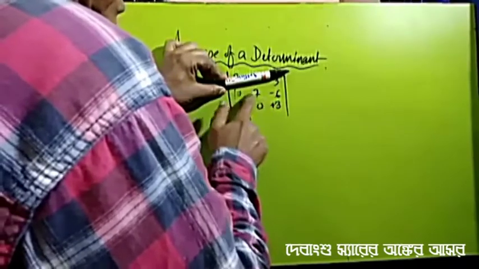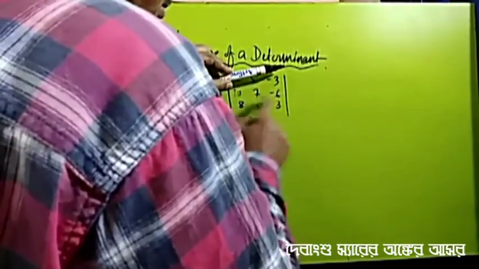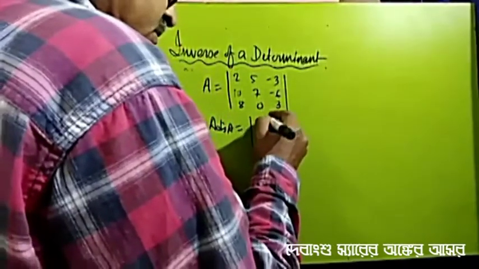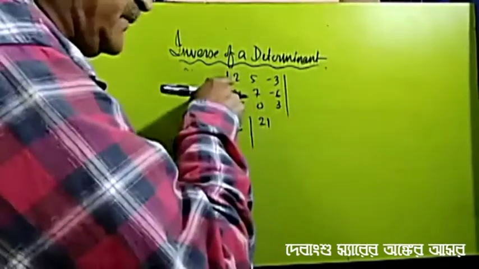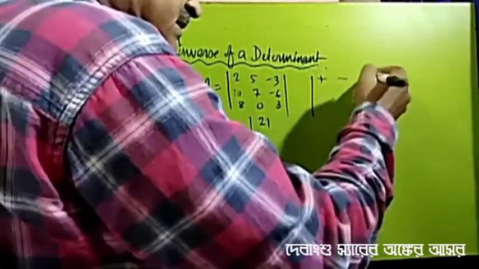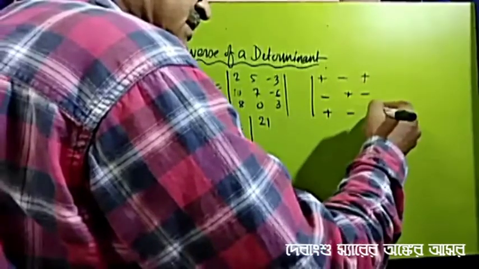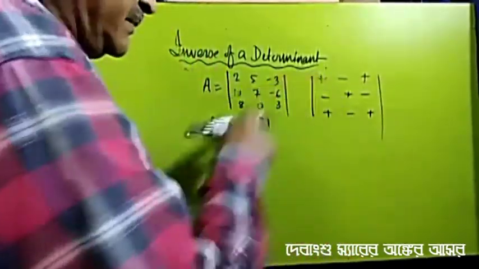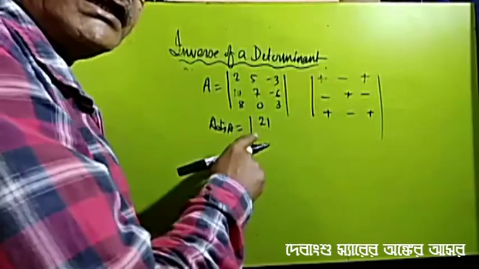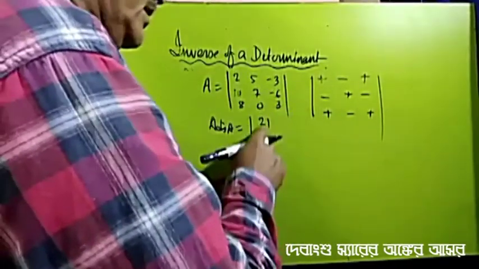So 7 into 3 is 21, minus 0, that is 21. And it is the first element, so the sign rule is plus, minus, plus, minus, plus, minus, plus, minus, plus. Plus means that you should retain the sign. 21 arrived, so you will keep 21.